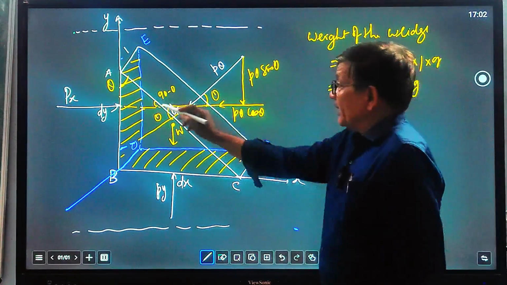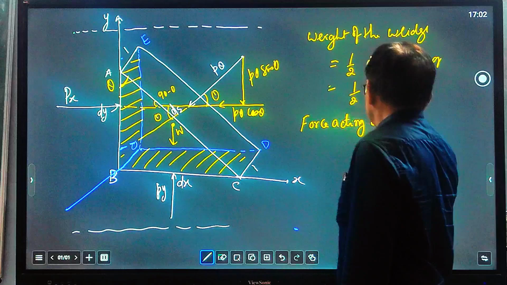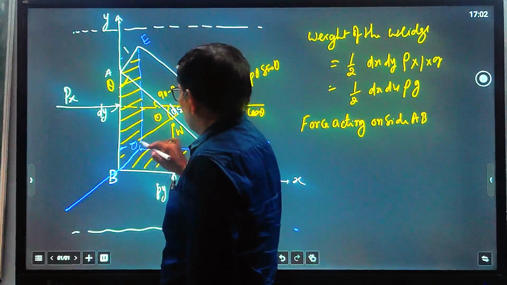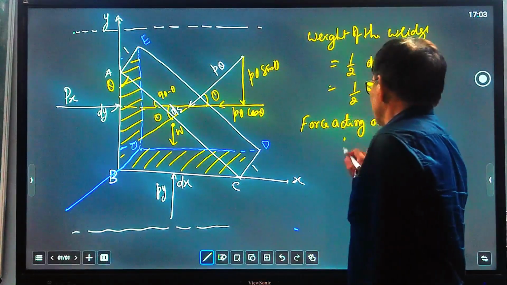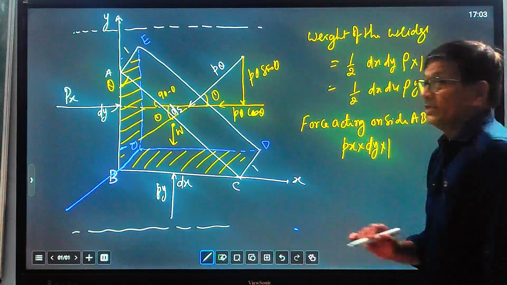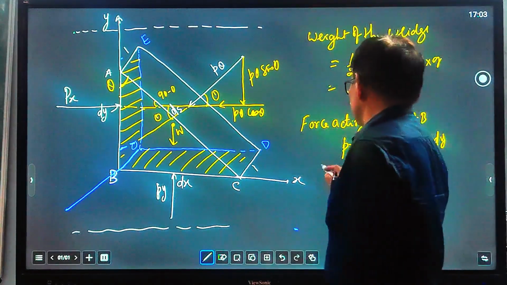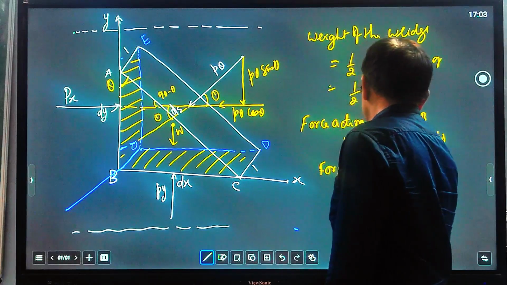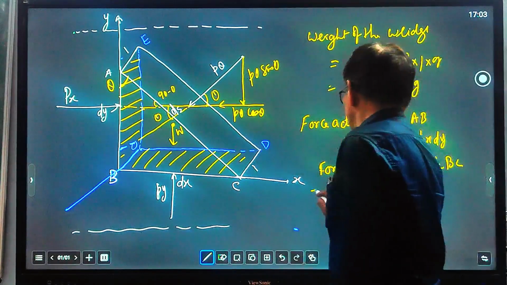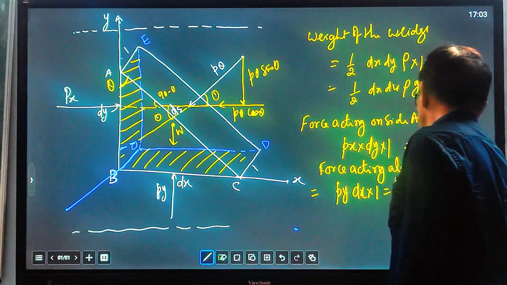So, sigma Fx. Force acting on side AB: we consider the area, so pressure px into dy into 1, because the thickness we have taken is 1, so equal to px dy. And force acting along side BC is equal to py dx into 1, so py dx.